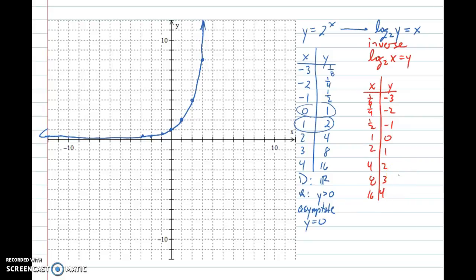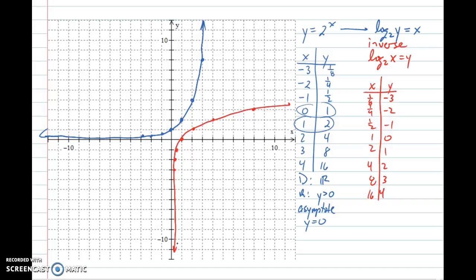And if I start to plot these, let's see, 1/8 comma -3 is really close to the y-axis and way down there. 1/4 comma -2, 1/2 comma -1, 1, 0, 2, 1, 4, 2, 8, 3, and again 16, 4 is off the grid, so I'm not going to graph that, but this gives us a pretty good idea about what the graph looks like. And there, just like that.